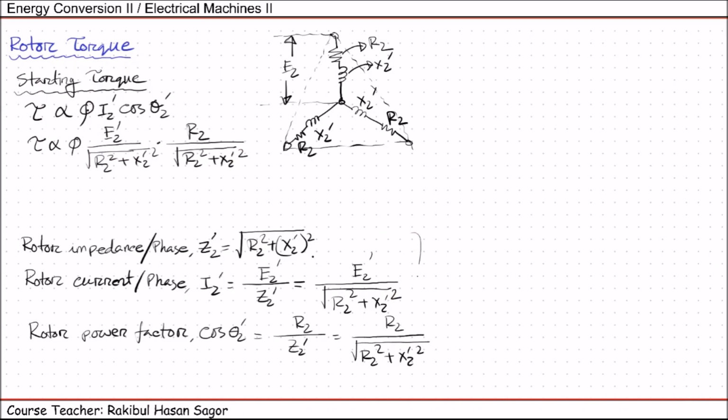All these at standstill condition. So the starting torque of the motor can be written as tau is proportional to phi into E2 prime R2 divided by R2 square plus X2 prime square.